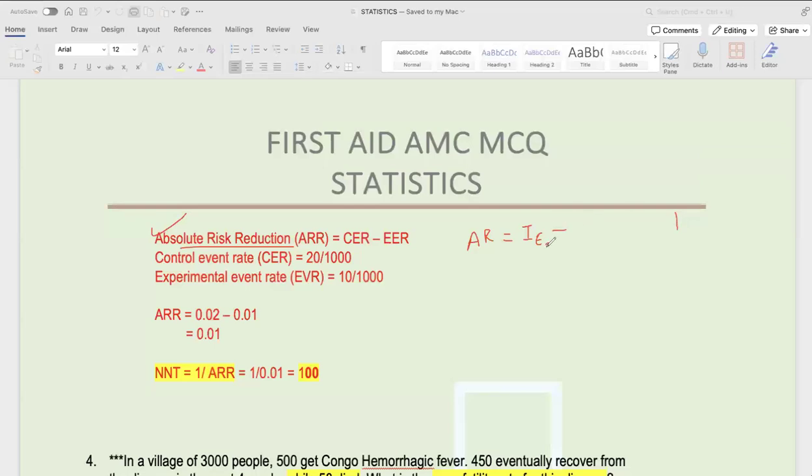That's the main math. So attributable risk equals incidence in the non-exposed group minus incidence in the exposed group. Now we need to find out the incidence in the non-exposed group and the incidence in the exposed group.